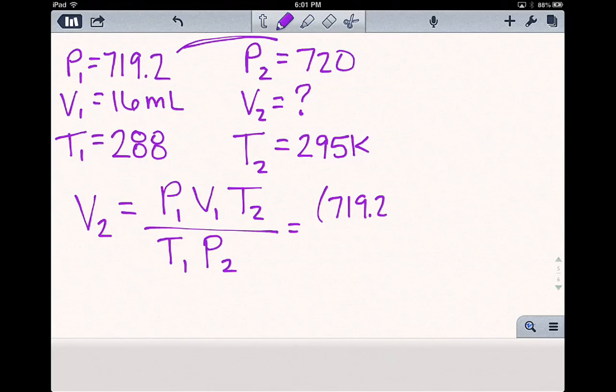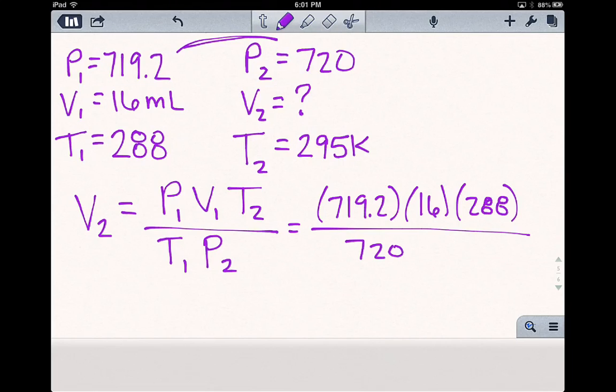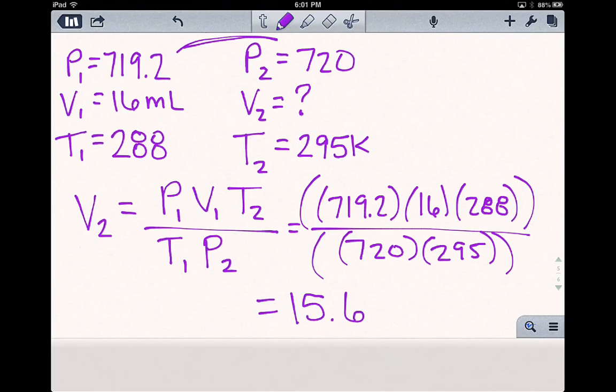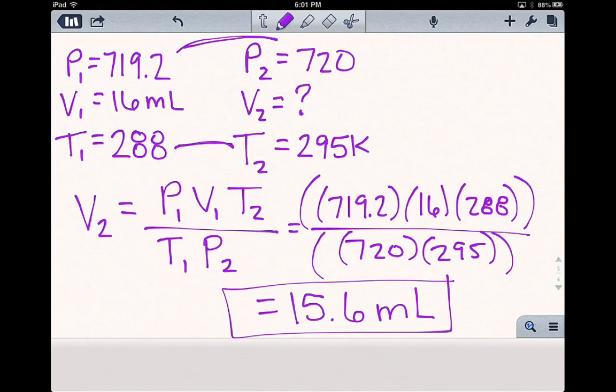So 719.2 times 16 times 288, all divided by 720 times 295, and of course we're using parentheses and brackets where necessary, and our calculator is going to tell us that the volume should be 15.6. Not changing the temperature too much, the pressure's not changing very much. We would also not expect the volume to be too far from its initial value of 16. So 15.6 milliliters.